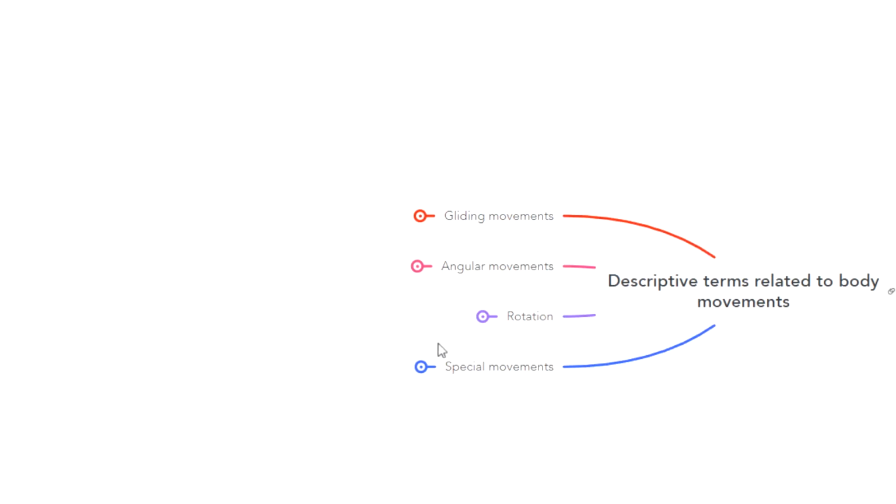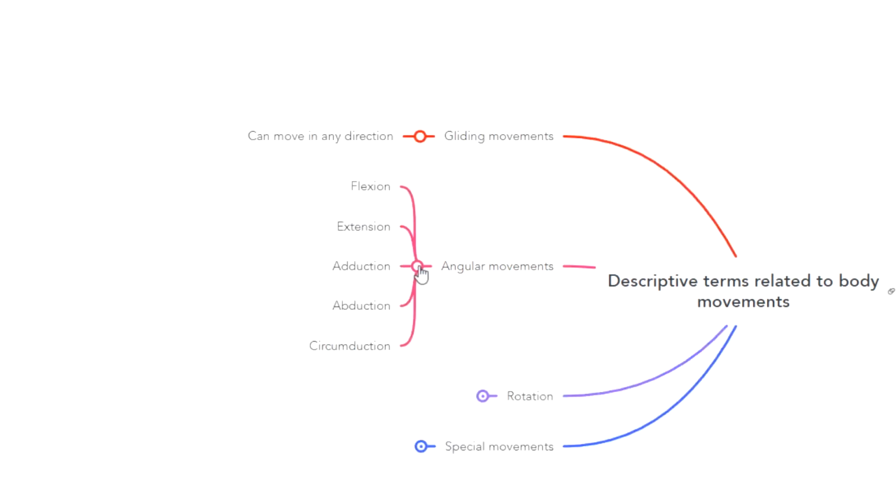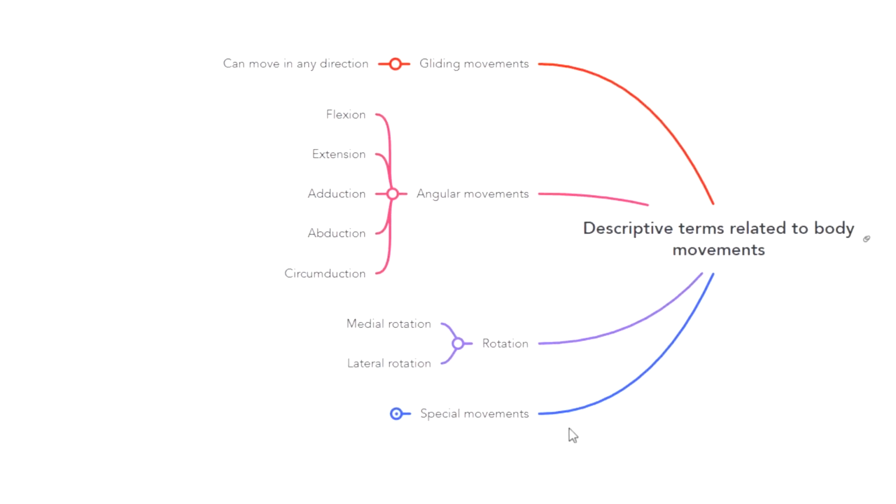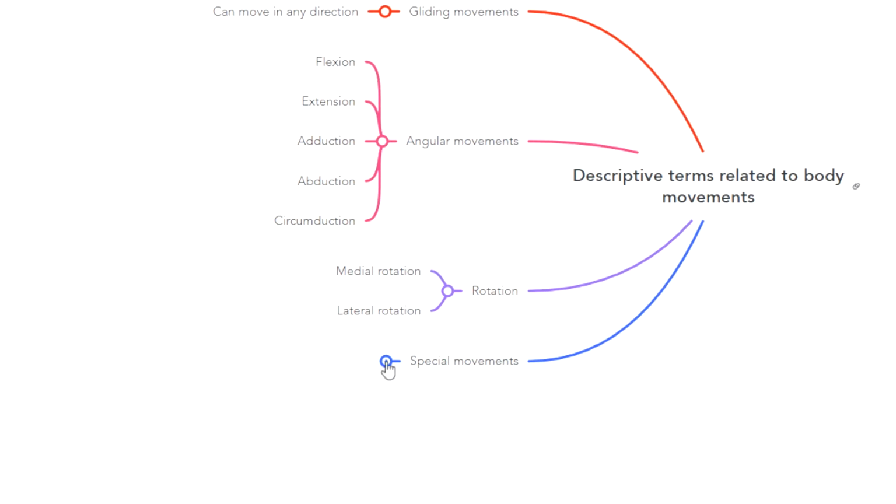Under gliding movements, we saw what a gliding movement is. Angular movements include flexion, extension, adduction, abduction, circumduction. Then under rotation, we saw medial rotation and lateral rotation in specific parts of the body.